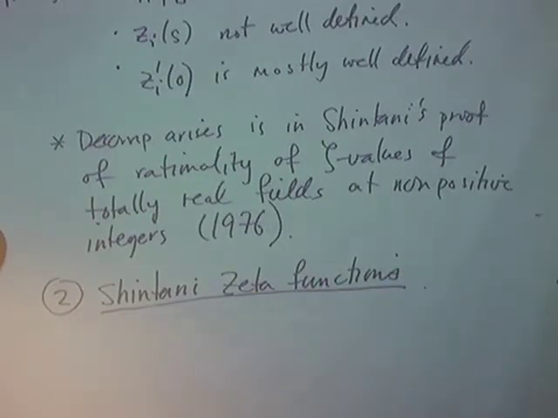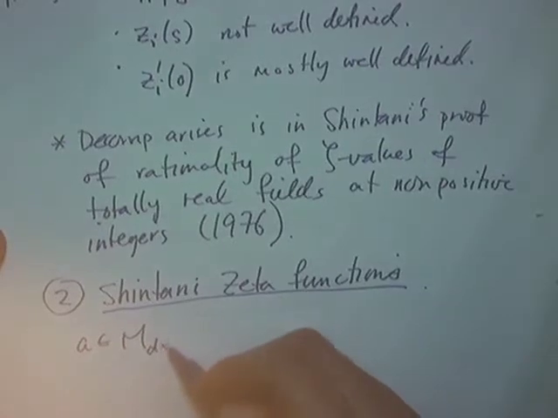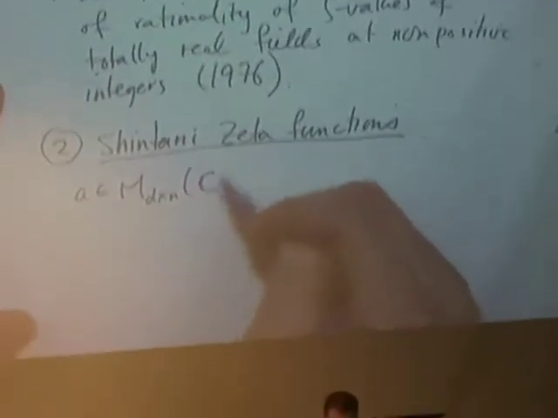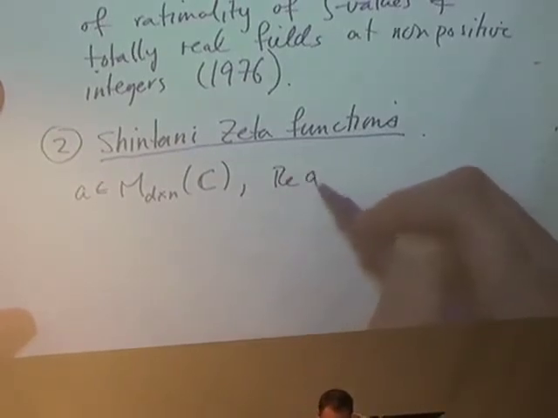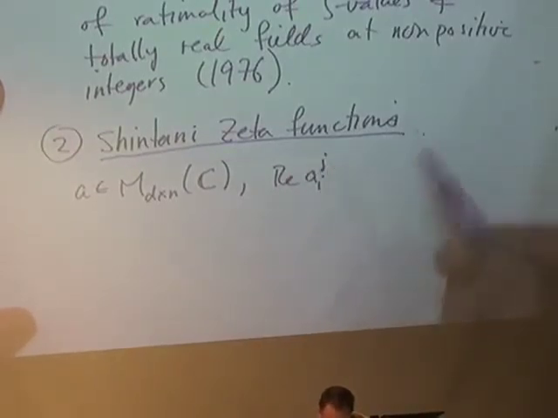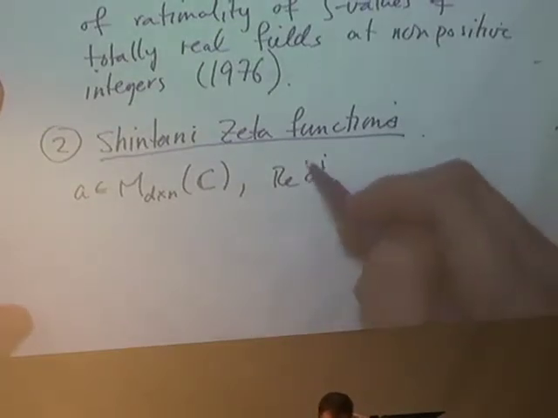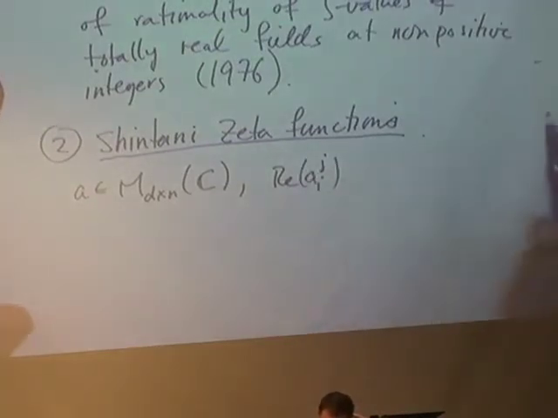So here's the data to which we associate one of these Shintani zeta functions. We'll let A be a D by N matrix with complex entries such that the real part of the ijth entry, I'm going to write the column in a superscript for reasons because it'll be useful later, so just forgive me.